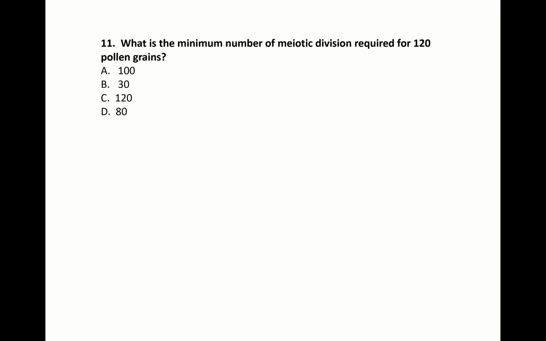How many meiotic divisions does it require? Specifically, this is asked with regard to the megasporogenesis process. Some point has been missed in the question. So just remember that it is related to the megasporogenesis process.